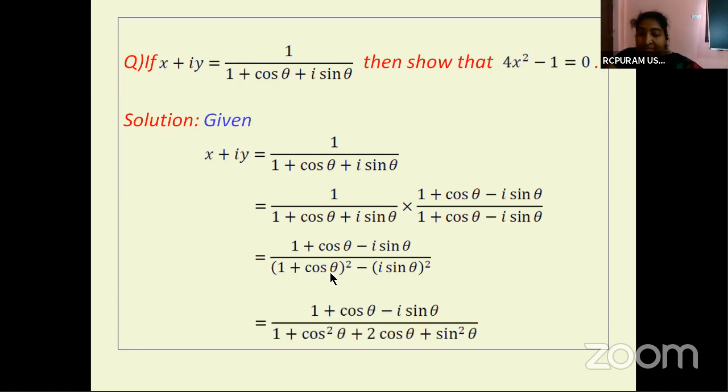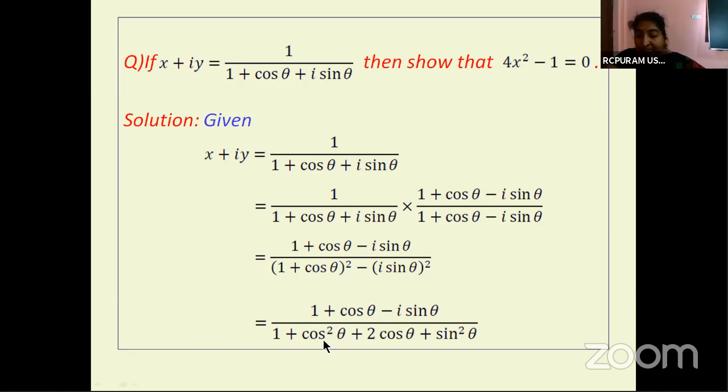Okay, this is (a plus b) whole square. So 1 plus cos square theta plus 2 cos theta. i square here, i square is minus 1. So minus 1 into this minus, it becomes plus sin square theta. Now just observe cos square theta plus sin square theta is the identity we have, which is equal to 1.